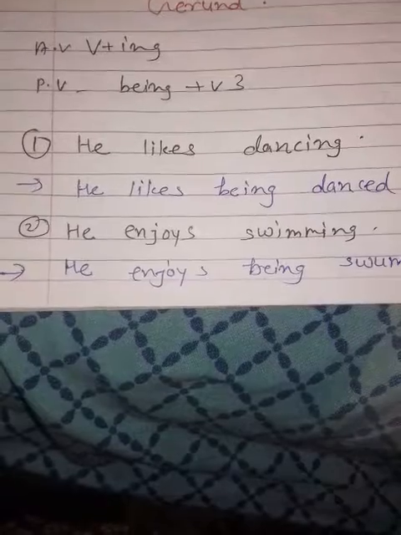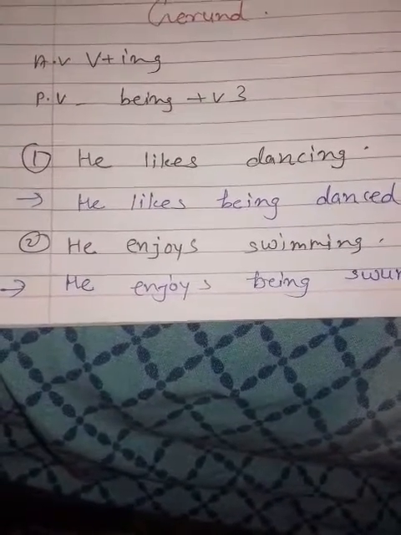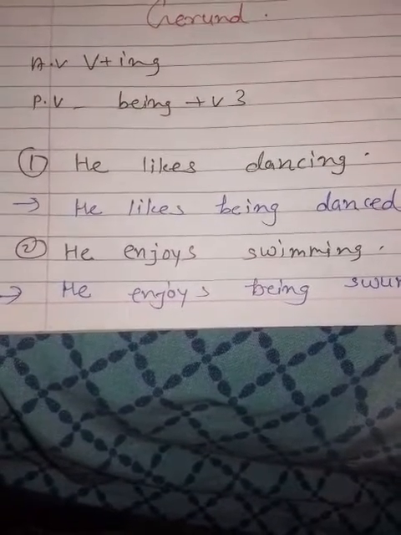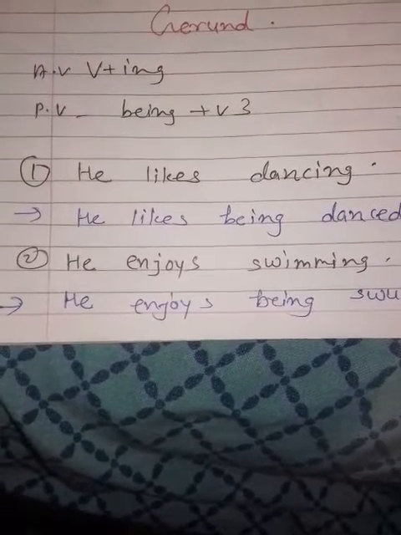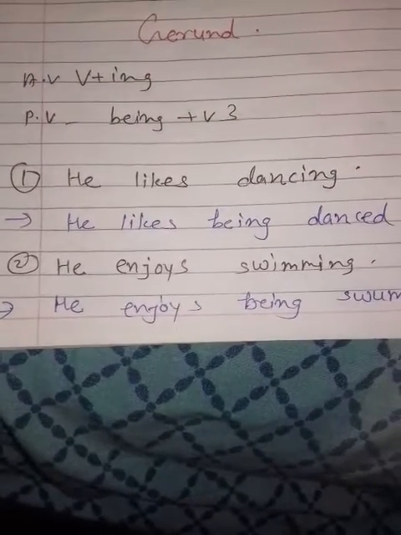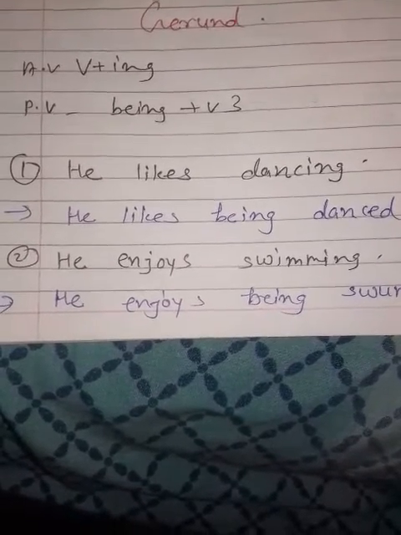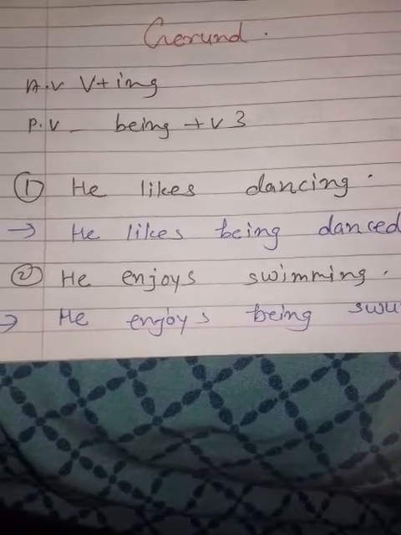He likes dancing. Now he is the subject, likes is the verb, and dancing is in the fourth form of the verb, but it is the object here. But we can't take it as the object and we can't change it into the subject in passive voice.